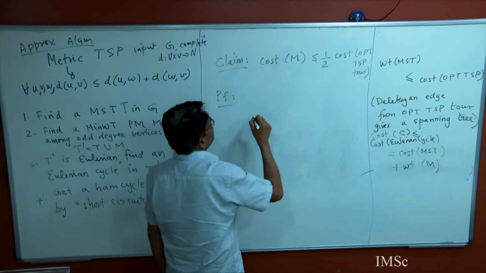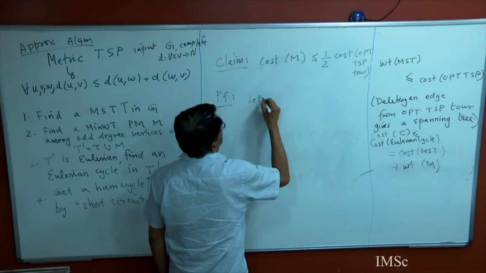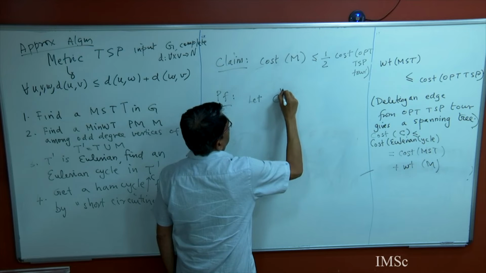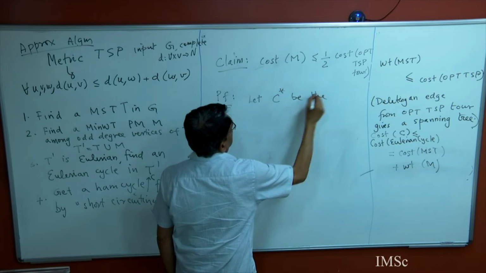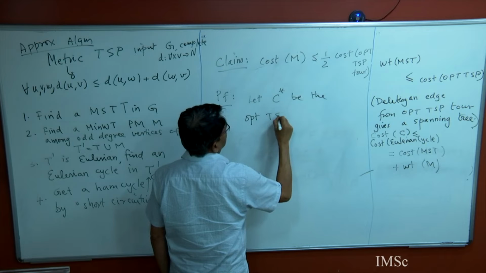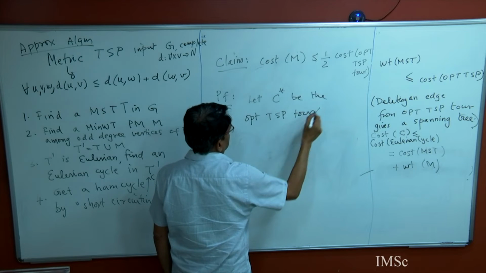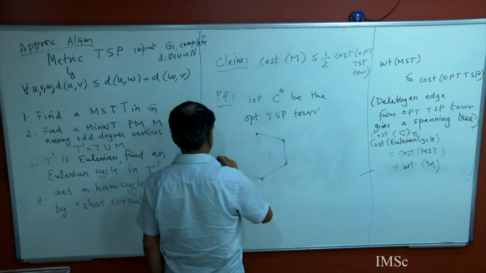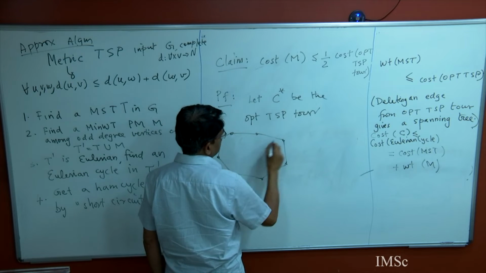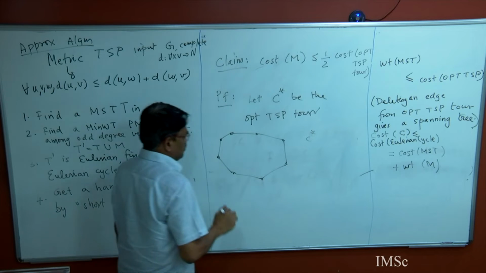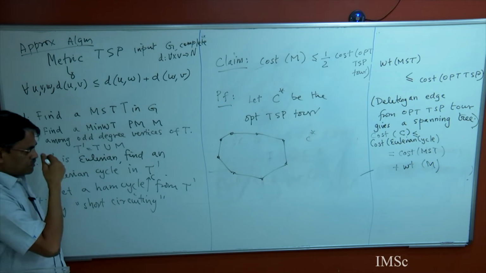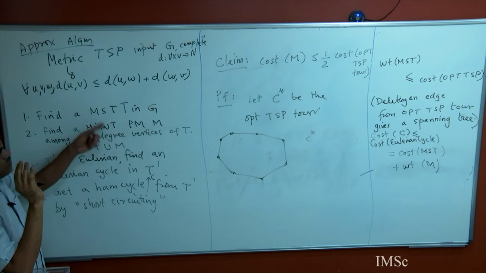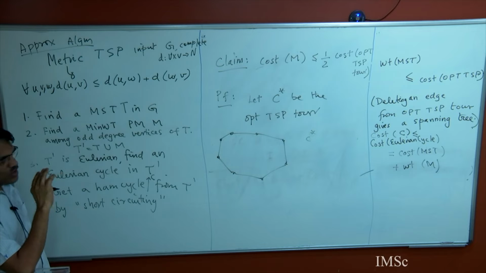Yeah, take the TSP tour. Let C star be the opt TSP tour. Right. So, C star looks like this. This is my C star. In this, I am going to remove all the even degree vertices of T from the cycle and do a short circuiting.